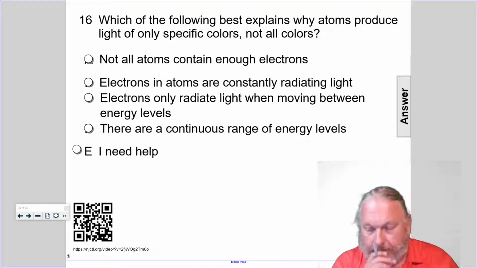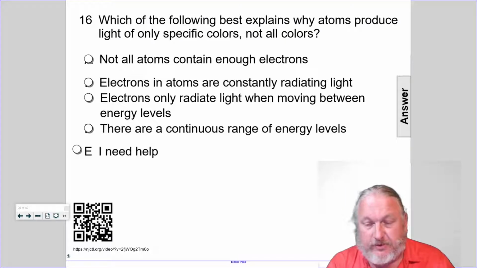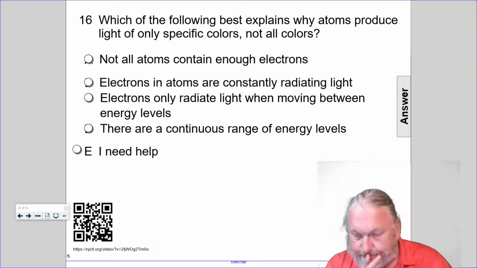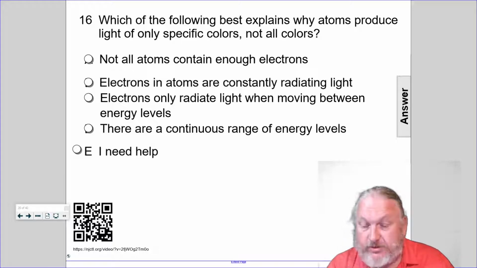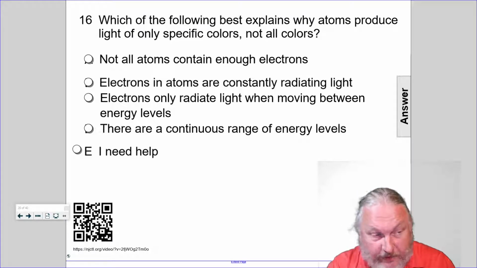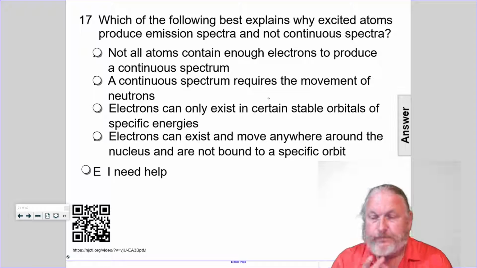Which of the following best explains why atoms produce light of only specific colors, not all colors? They don't contain enough electrons? Are electrons constantly radiating light? Pause, see what you can think. Of course, the answer is electrons only radiate light when moving between these specific energy levels.